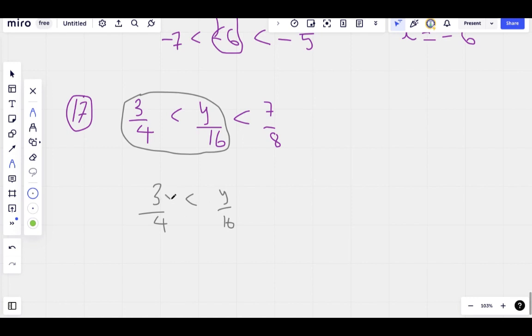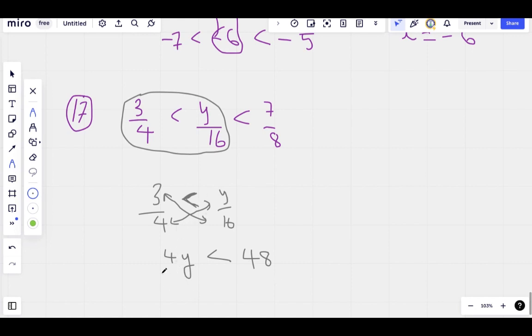You take this numerator to multiply this denominator, and you take this denominator to multiply this numerator, because this less-than is acting as equal to, like the equal to we used in algebraic fractions. So if we cross multiply, 4 times y is 4y. It's less than 3 times 16, which is 48, right? 48. So 4 times y is 4y.